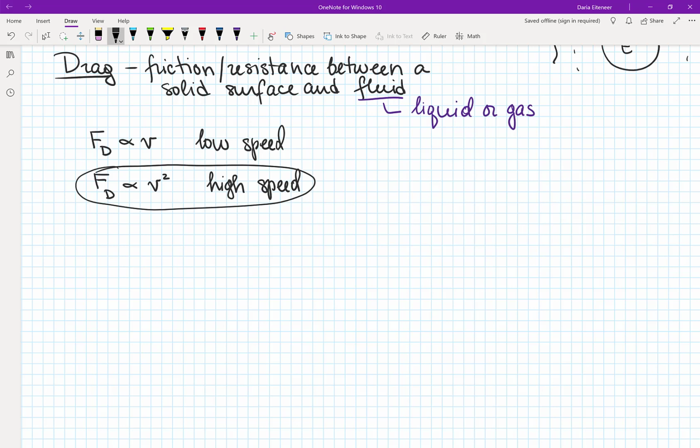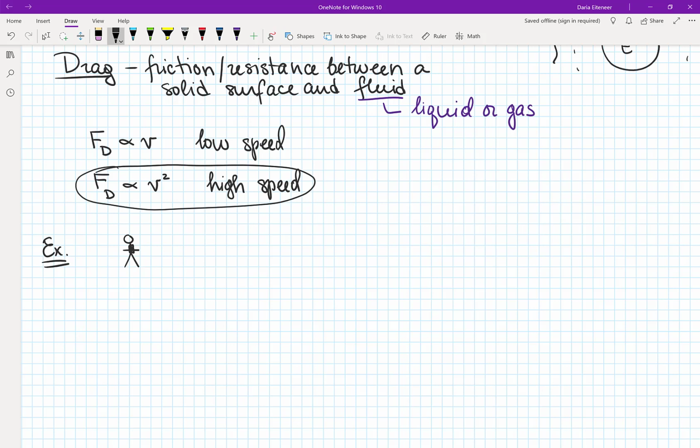Okay, so why is there this discrepancy? Well, let me just show you this. I'm not even going to do any calculations here, but let me just show you an example. Let's say a person jumps out of an airplane. The person has a parachute on, but the parachute is not open yet.